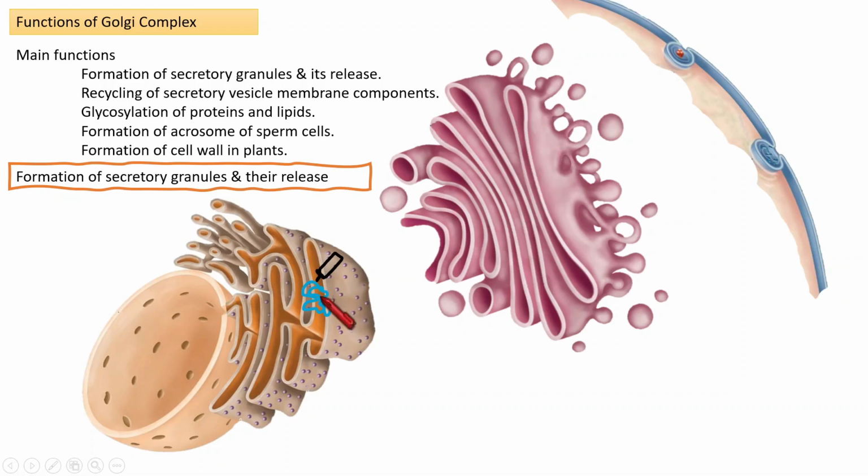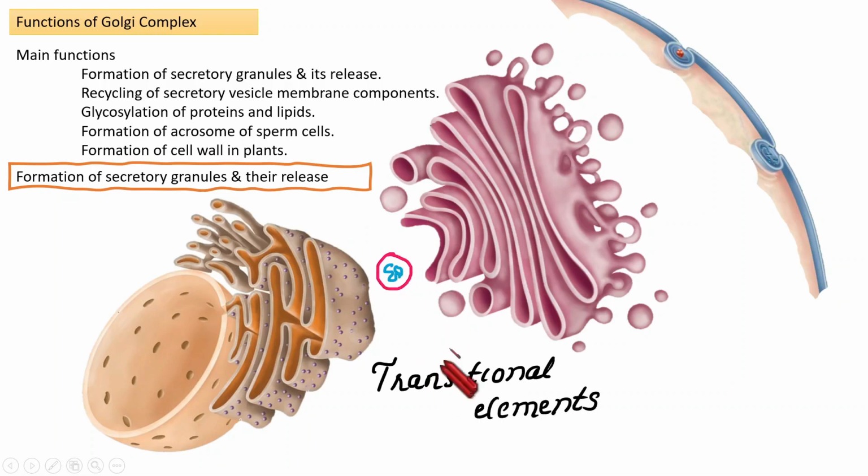From this endoplasmic reticulum, it comes out loaded inside some vesicles. Vesicles form from the membrane of endoplasmic reticulum as a separate vesicle, and the name of this type of vesicle is transitional elements. They are in transition between endoplasmic reticulum and Golgi complex.